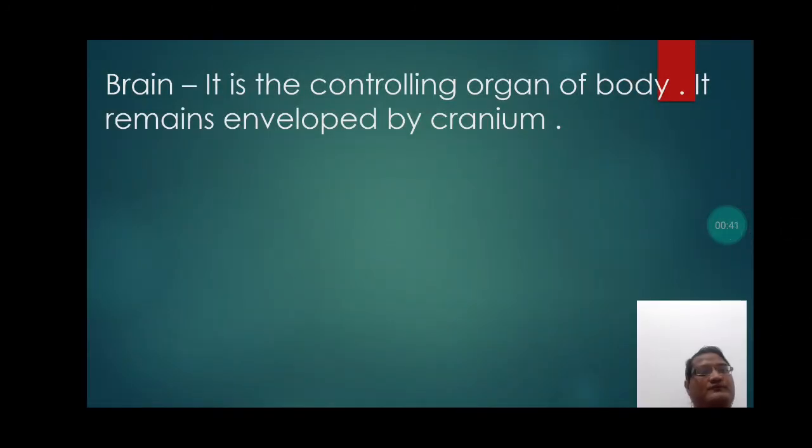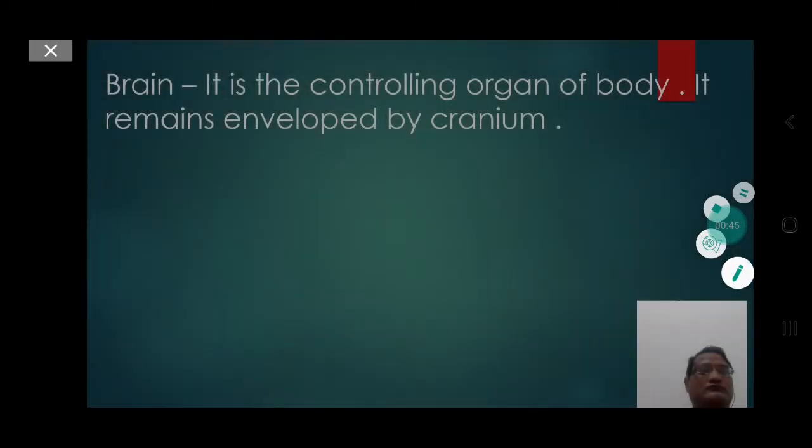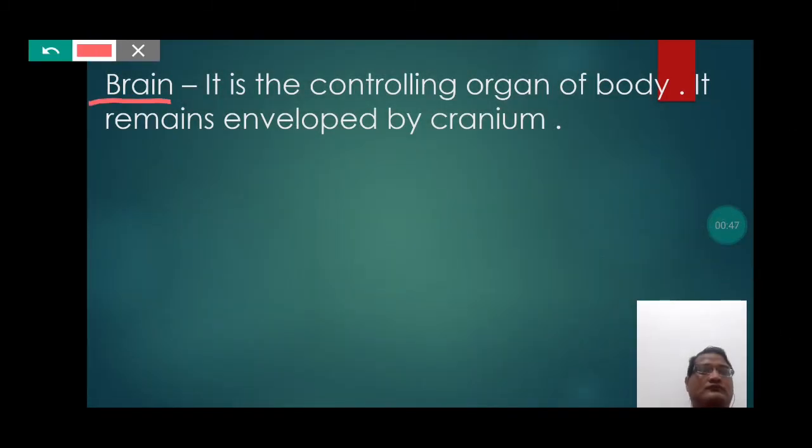So students, brain is the important organ of the body which is responsible for controlling each and every activity which is taking place within the body.